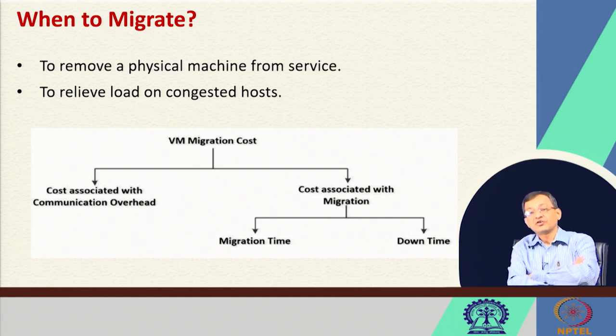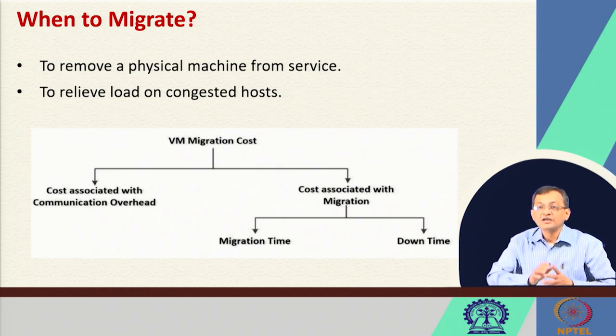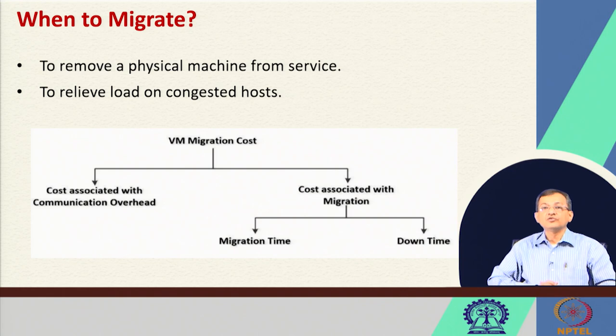This is the costing: how much migration time, how much downtime, and it effectively affects the overall performance of the cloud. At times it may violate the SLA, for which the CSP has to pay a penalty, right. And if there is a lot of downtime, it also hits its reputation, right.